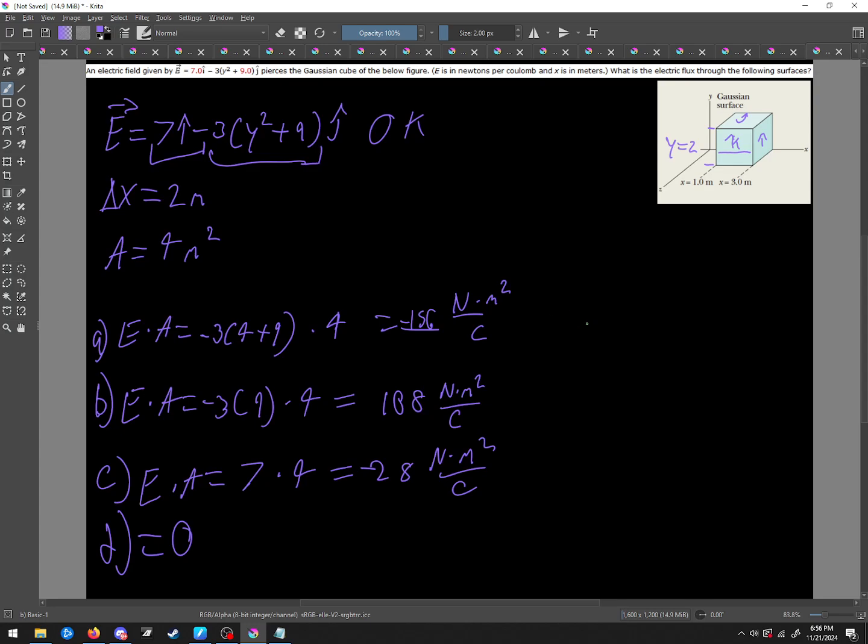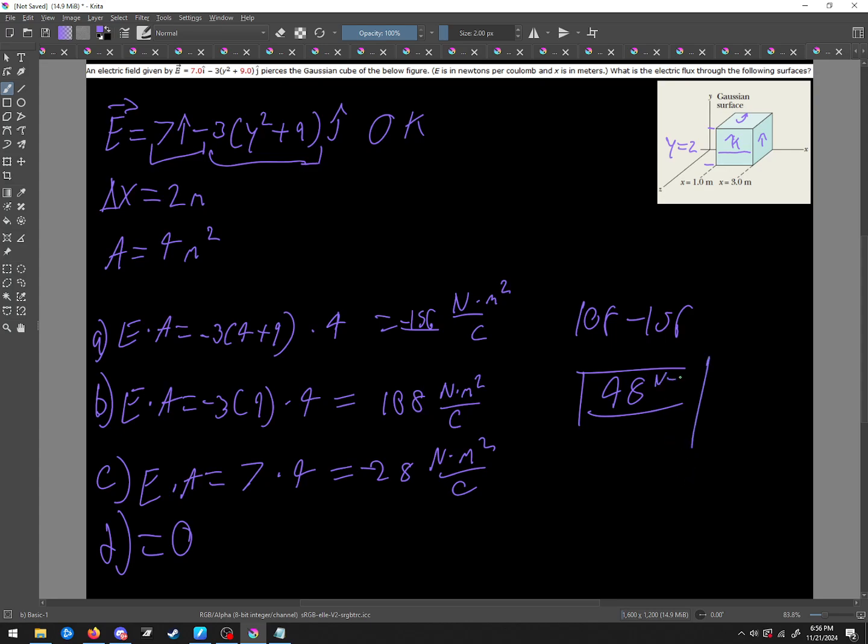So this would be 108 minus 156. And that's just going to be that, because 26 and negative 26 will cancel each other. So 156 minus 108, we're getting 48 for the net.